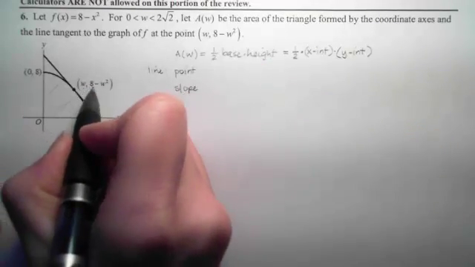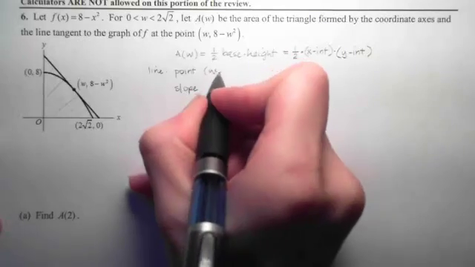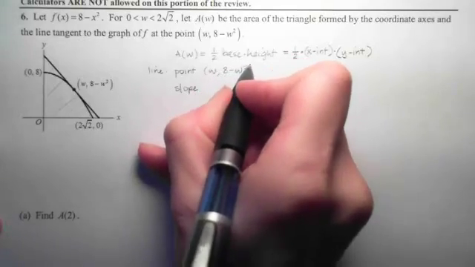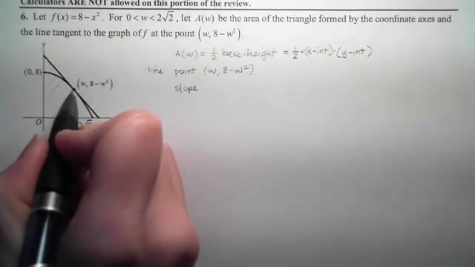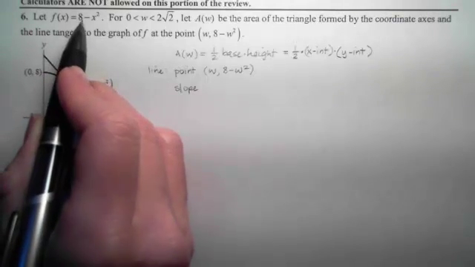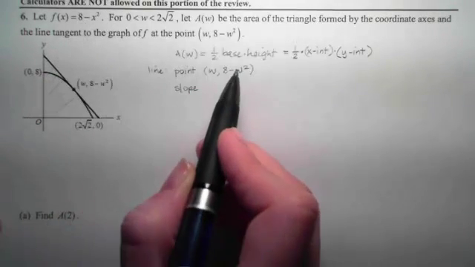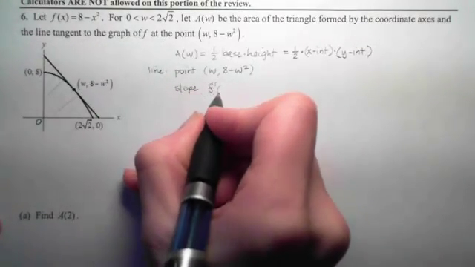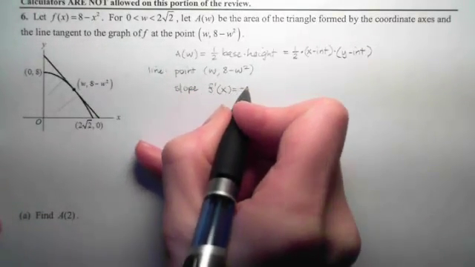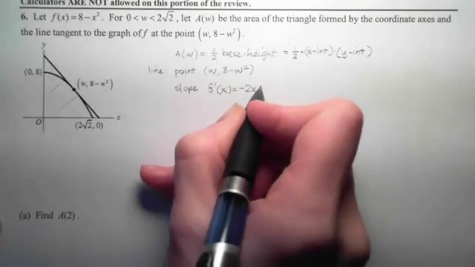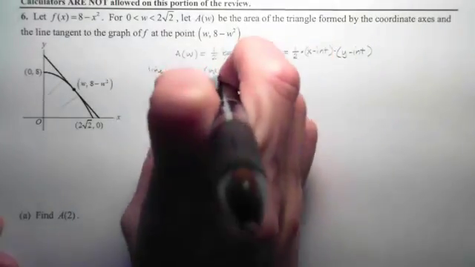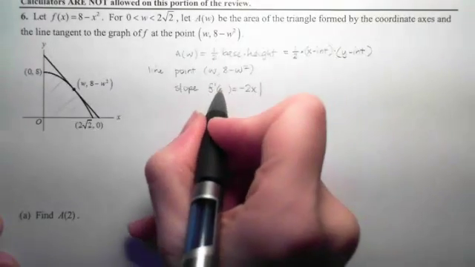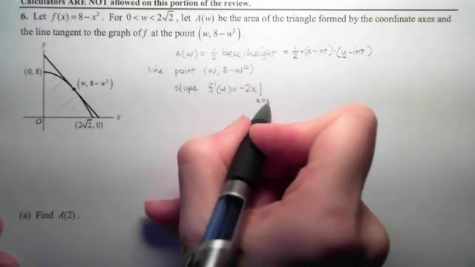So again, we can look and see that the point is (w, 8 minus w squared), and we can see that the slope will be the derivative of f evaluated at the point. So the derivative of this is negative 2x, and we need to evaluate it when x equals w.